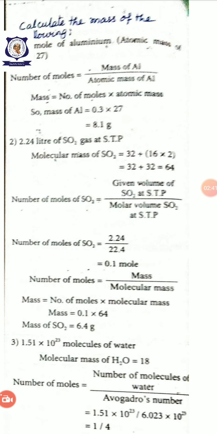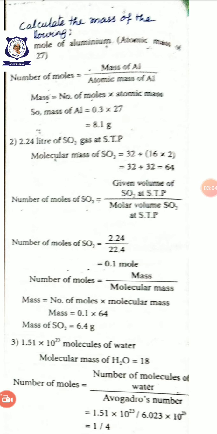Another one, 2.24 liter of SO2, that means sulfur dioxide gas at STP. So again, what is the formula we use? Molar mass of sulfur dioxide we have to first calculate. Here it's a molecule, so molar mass of sulfur dioxide we should calculate.